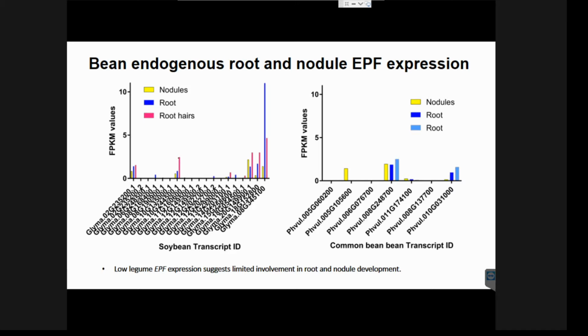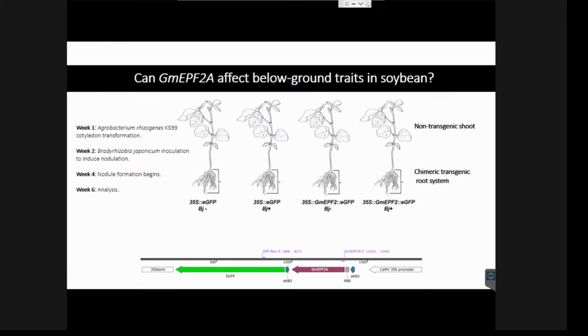These two here are paralogs of EPFL9, stomagen, the positive regulator. So most of the time, you just don't detect them because either they're not there or it's trace expression.